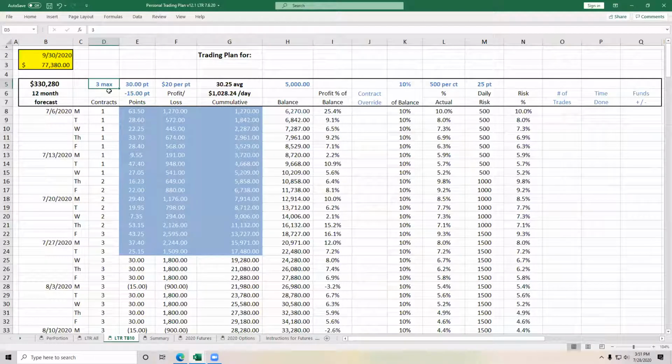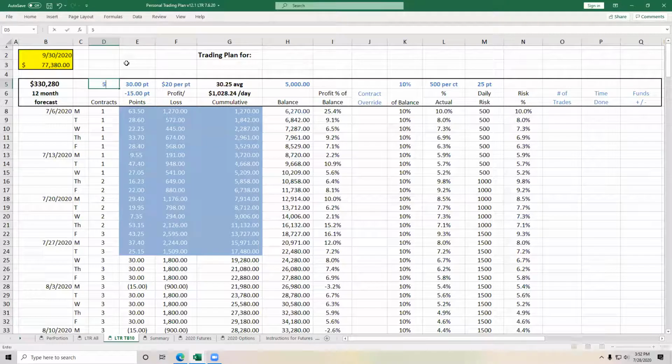And as long as you know that the number is less than 10% of your capital balance, meaning you're never going to allocate capital to open contracts where the total value of the margin for those contracts is greater than 10%. It'll always be less than 10% of your account value. And of course, you can set that at 15, you can set it at 5, whatever you want. We have it set at 10. But as long as you know that it's always less than 10%, you could increase the number of contracts.